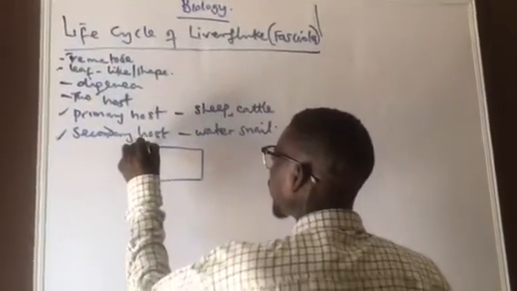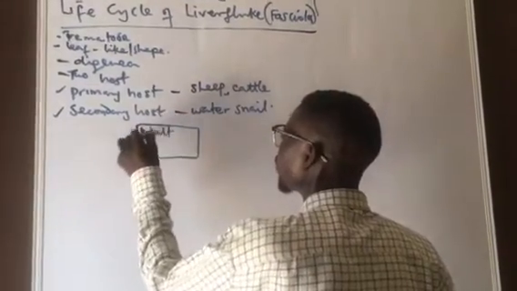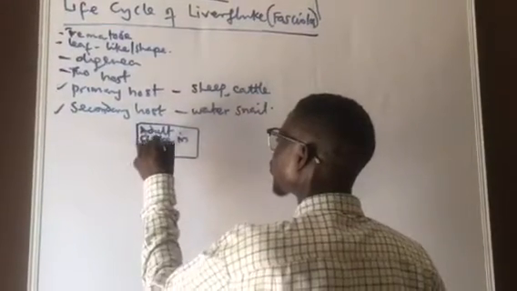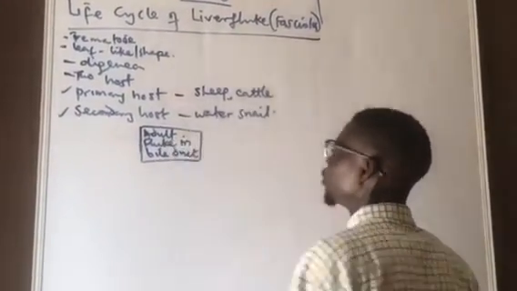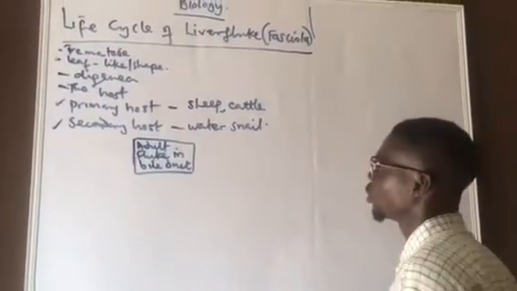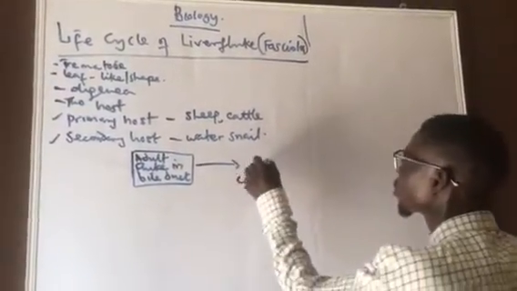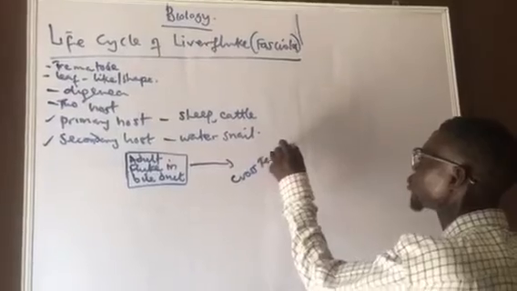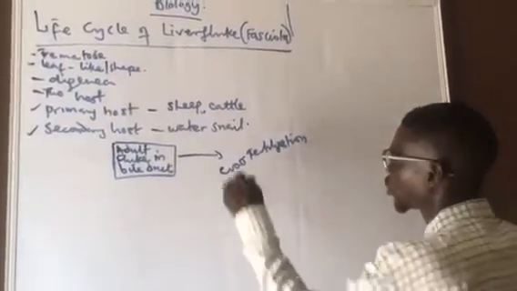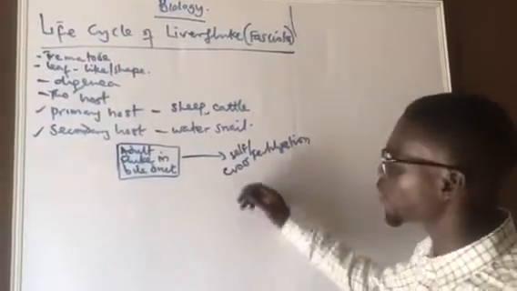Let's say the liver of the adult Liverfluke, in the bile duct. This adult fluke in the bile duct carries out cross fertilization, and you can also carry out self or cross fertilization inside the bile duct.